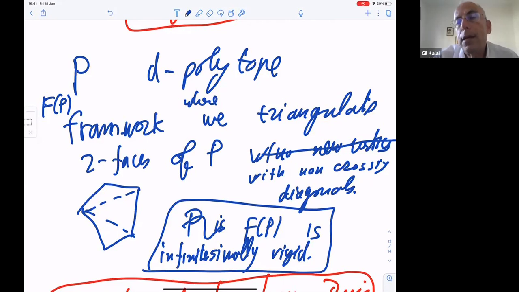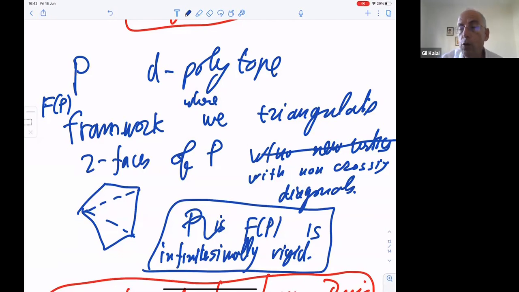Once you do this, you notice that the link of a vertex, or even a framework based on the link of the vertices, is embedded inside your new large framework. And therefore, again by induction, this link is d-1 rigid, and the cone over it is d-rigid, is infinitesimally d-rigid.